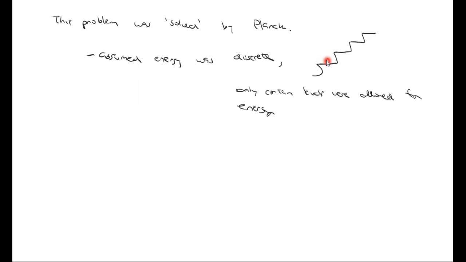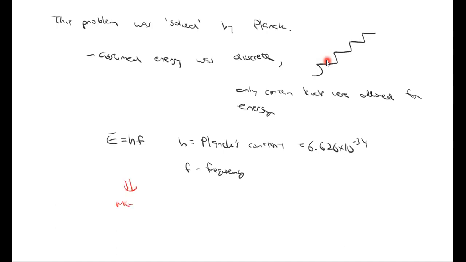But if he assumed that it was discrete, and he assumes that E equals hf, where h is Planck's constant and f is frequency, then he found that he was able to mathematically derive the curve.